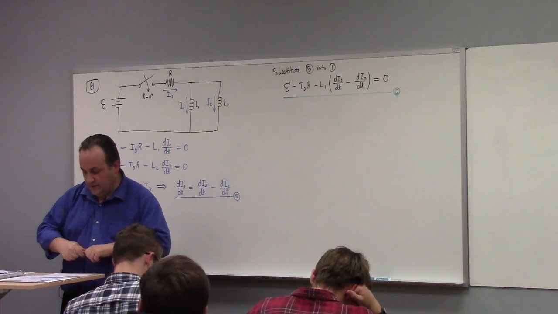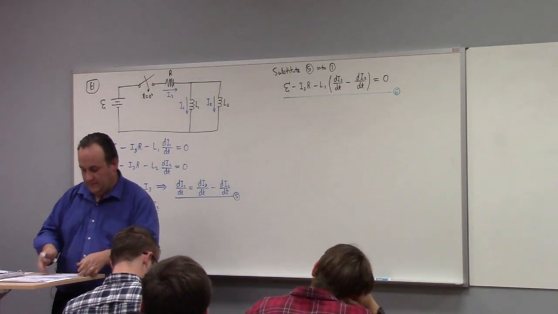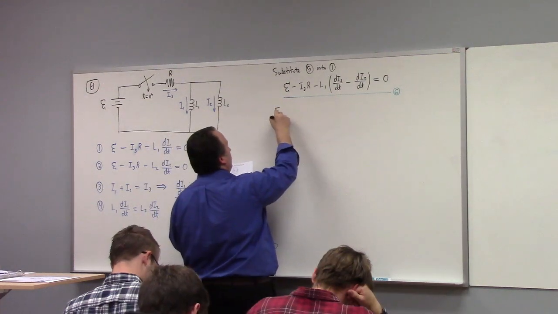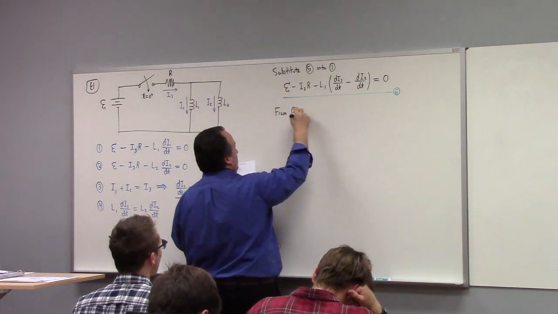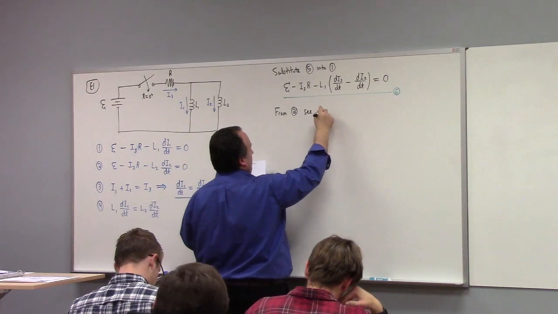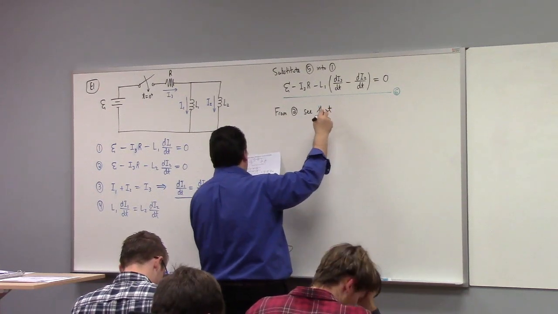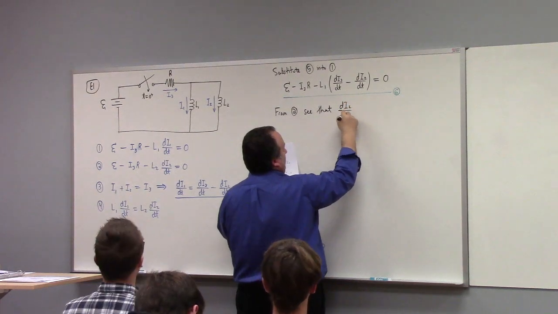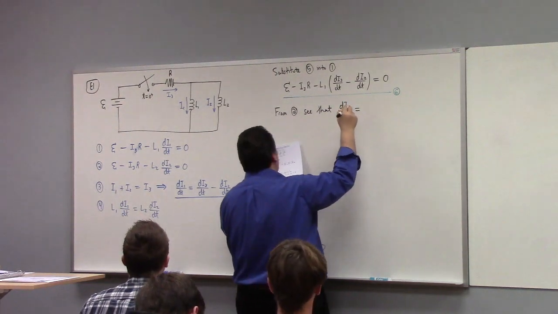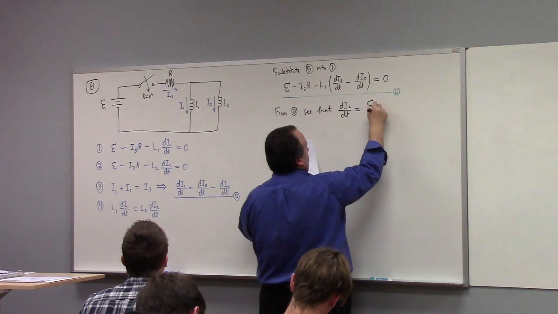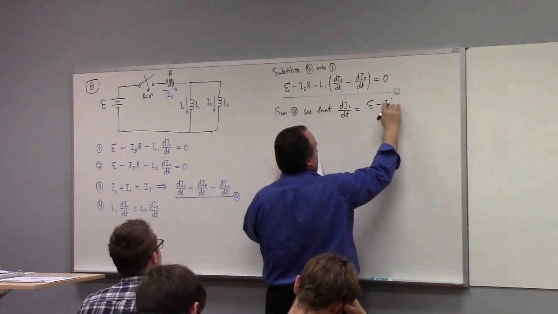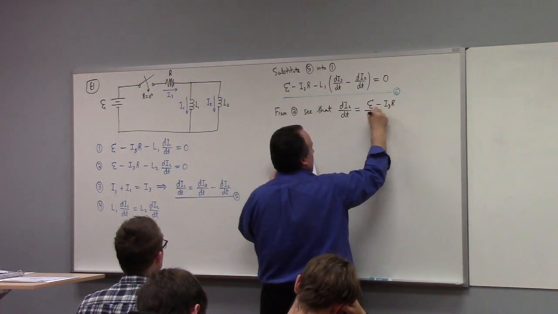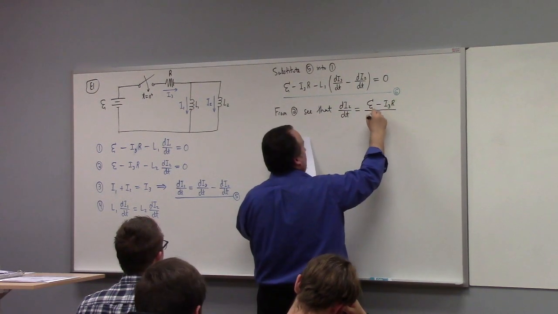From 2, we deduce the following, right? What do we get from 2? We can solve for di2/dt equal to E minus I3R, divided by L2.